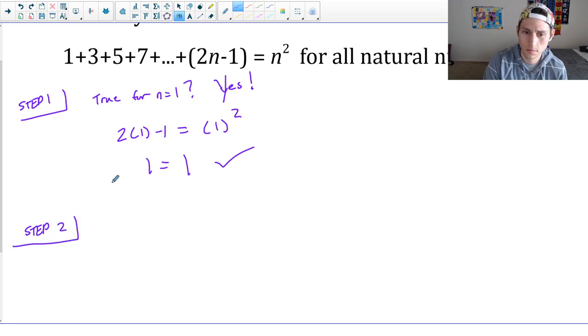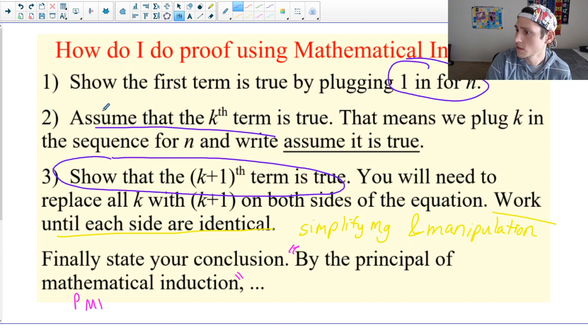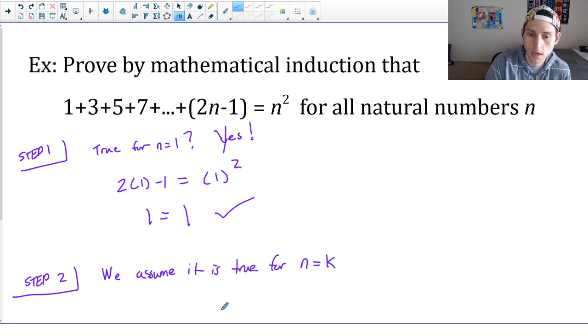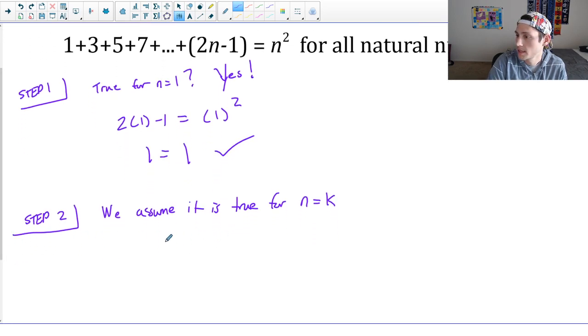Step 2. So look at step 2. Assume that the kth term is true. All right. So we got to do some writing on these problems. So we assume it is true for n equals k. All right, so that means I'm just going to go through my equation.